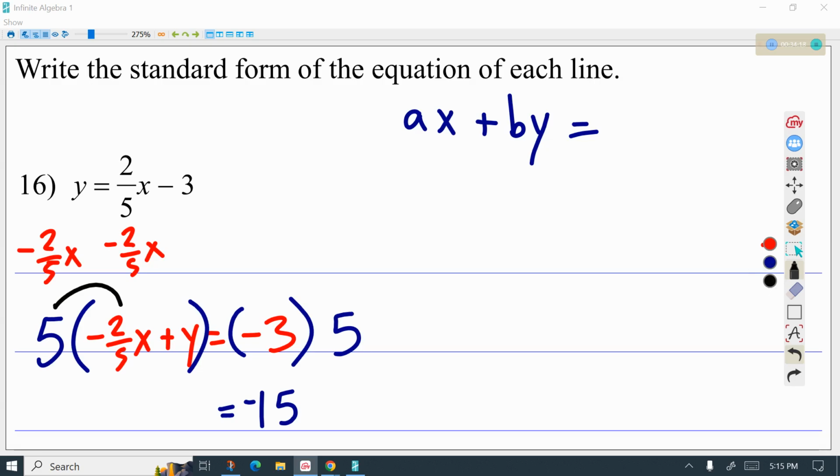Well, this is the reason why I chose the number 5 of all numbers to multiply, because I know that this 5 is going to cancel out that 5. They're going to go away, and all that's going to be left is negative 2. Negative 2 what? Negative 2x. Okay? But I also got to do this times that one. So 5 times positive y is just 5y.